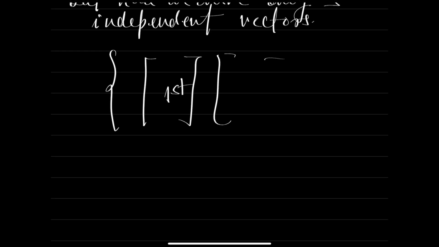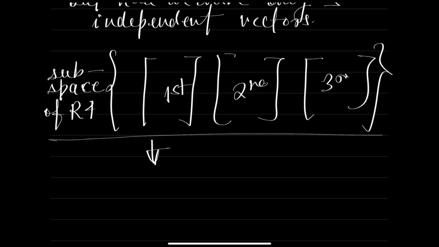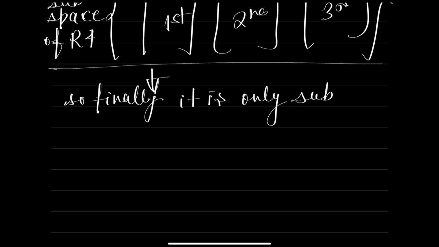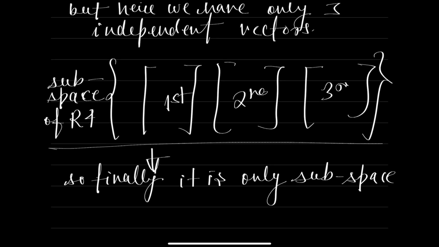This is the first vector, this is the second, and this is the third vector in a set, which is a subspace of R^4. So finally it is only and only a subspace. If it had 4 vectors, then we could have said it spanned.